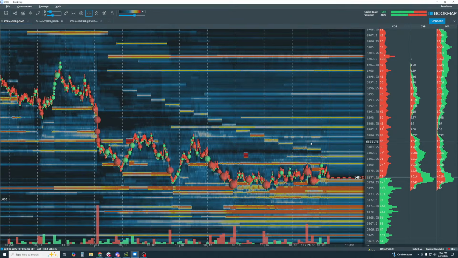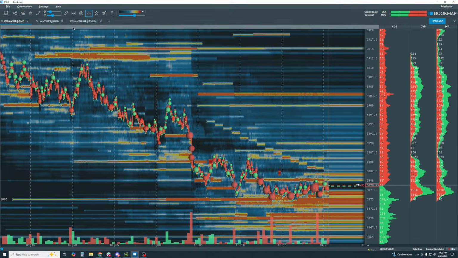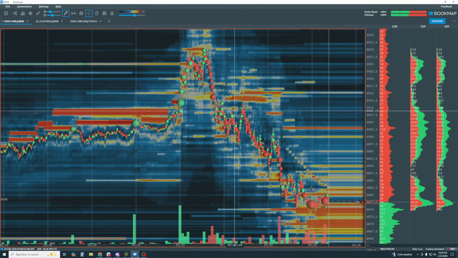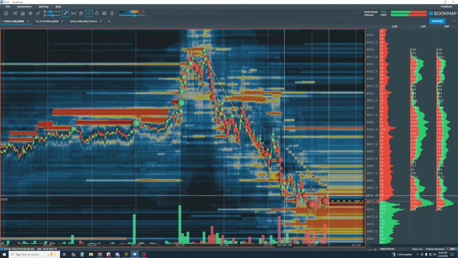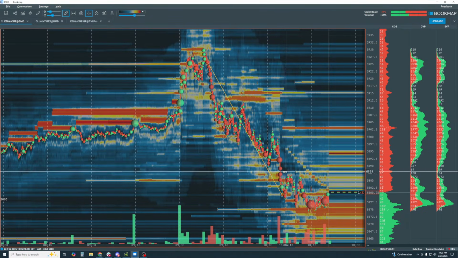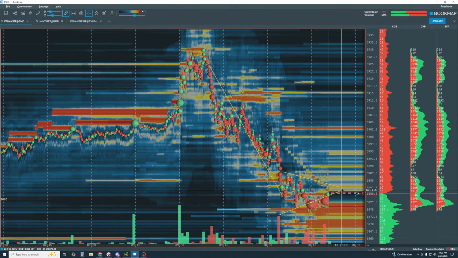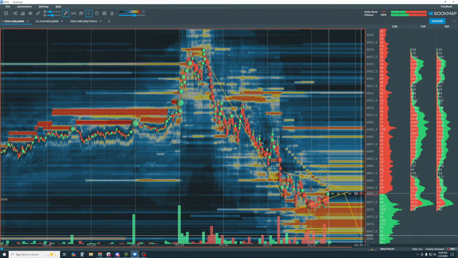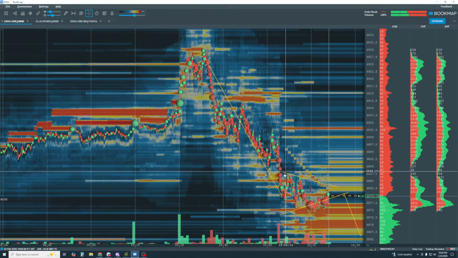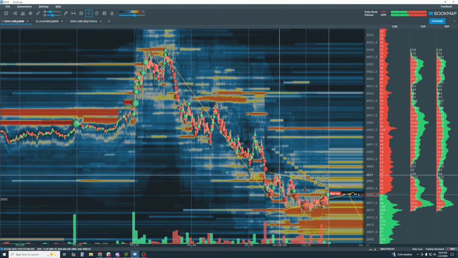Typically we look for some sort of big move to the downside or impulse move, and then we're looking for some sort of chop, and then we're looking for continuation. That happens a lot during this time of day.